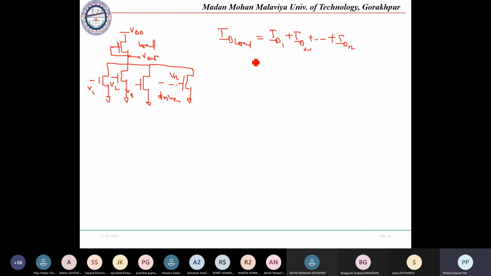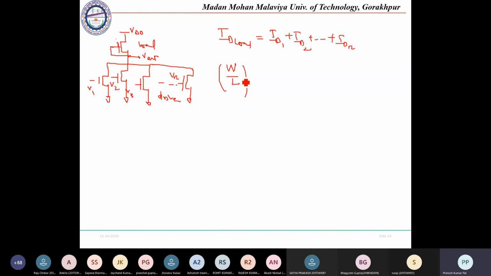After putting the value of ID, in terms of transconductance parameters, the W by L ratio of the load will be equal to the sum of all the transconductance parameters.